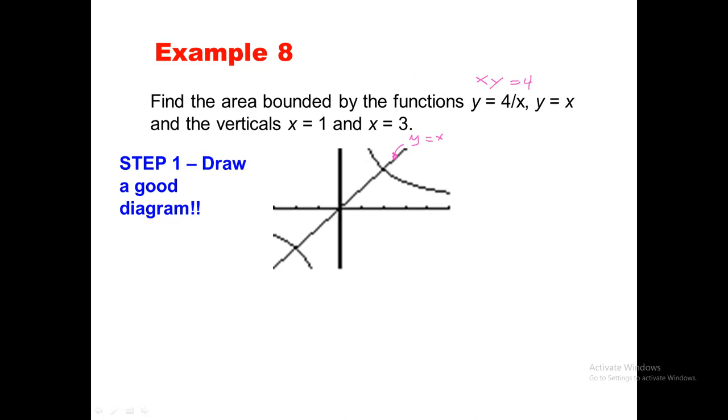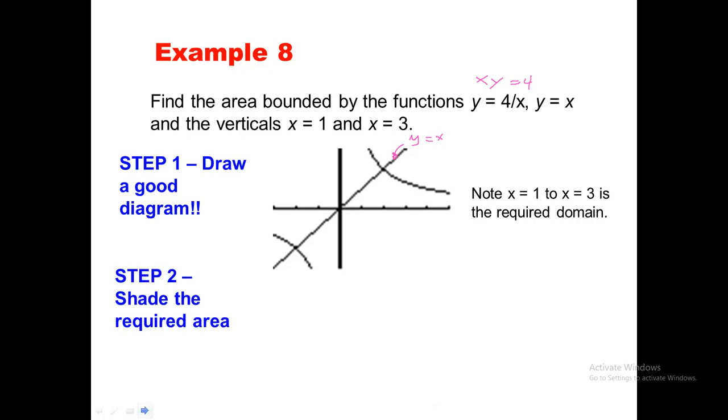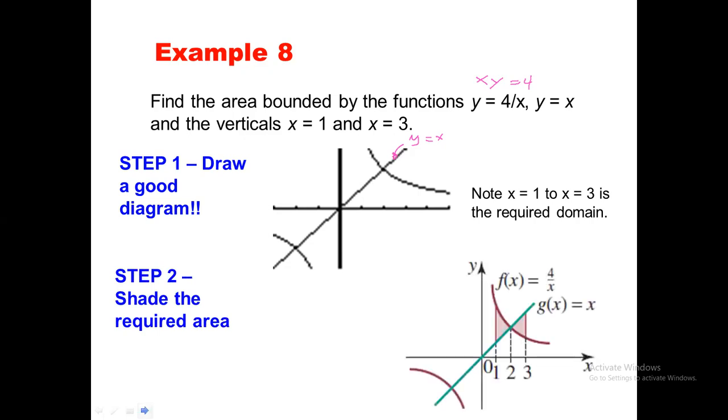So, we'll have another projection of this here. So, you will see now the exact area. Note that x equals 1 to x equals 3 is the required domain. So, let's see where those two lines are. You are to determine the shaded region, and this is now the area that we are to determine.